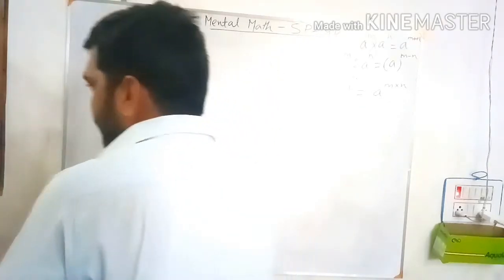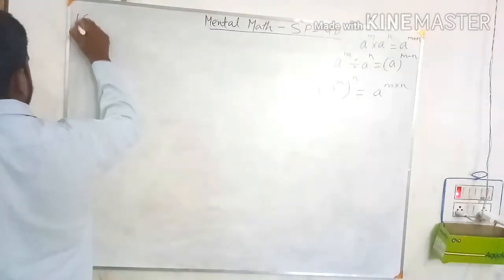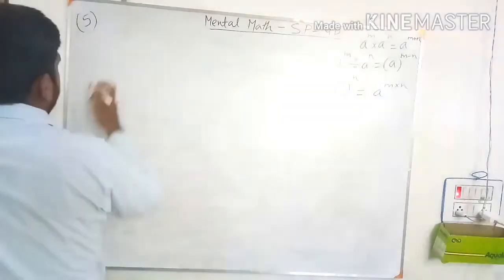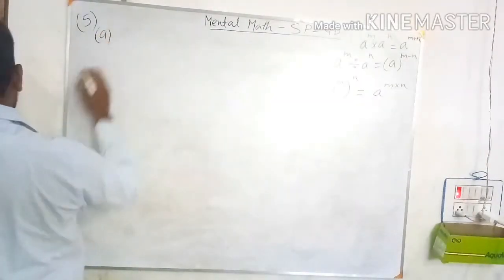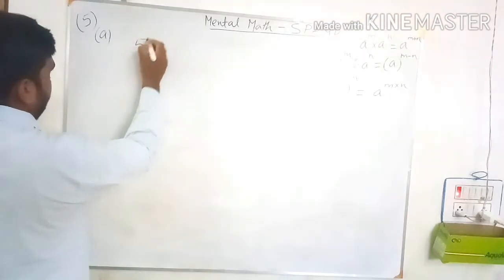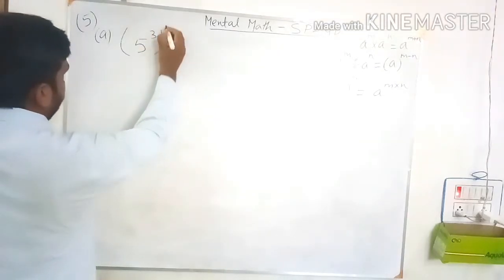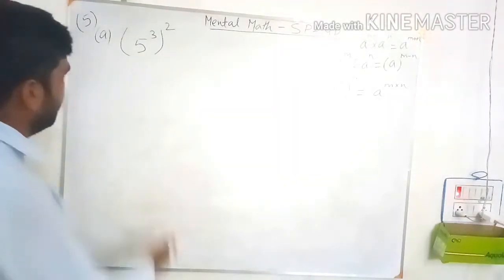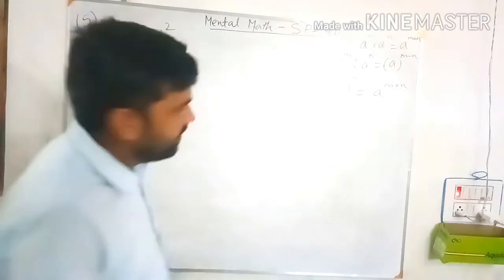Okay. Now we solve the question number 5. In question number 5A, the first question is 5 to the power 3 and whole to the power 2. This is the question. So which law will we apply? Power law.